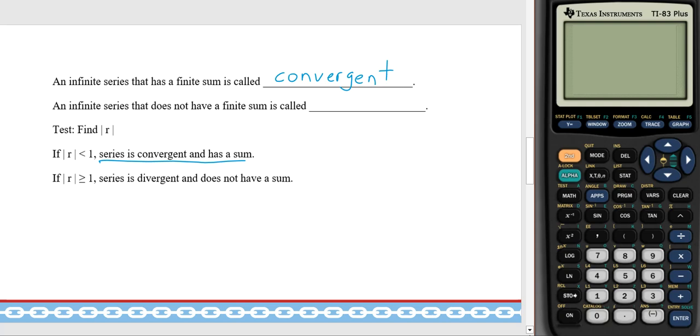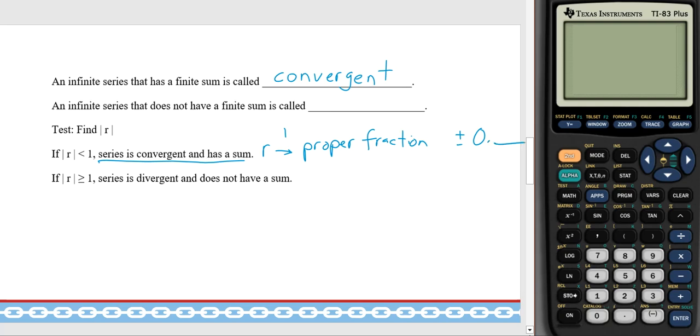To put that in simpler terms, your r value has to be a proper fraction, either positive or negative, or it has to be a positive or negative decimal that starts off with 0 point and continues on from there. That is the only time you can find a sum of an infinite series. So that would be the graph from the intro that looked like this. It doesn't have to necessarily approach 0, but it has to approach something.